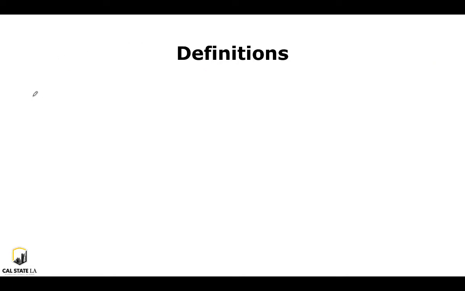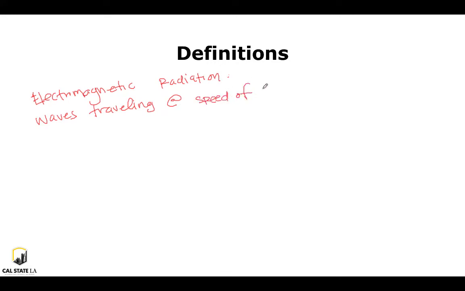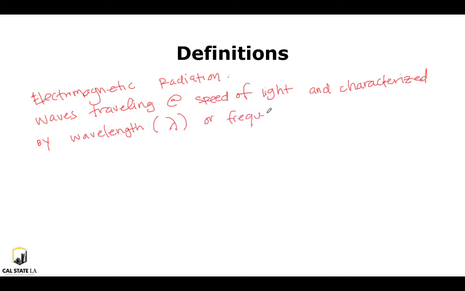So what is electromagnetic radiation? Electromagnetic radiation are waves traveling at the speed of light and are characterized by wavelength, which we denote as a lambda, or frequency, which I've seen expressed as a little c, but in this particular book, he expresses it as a nu.